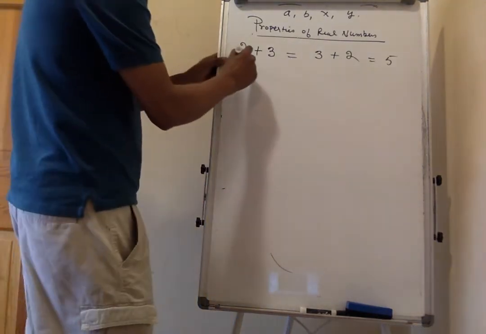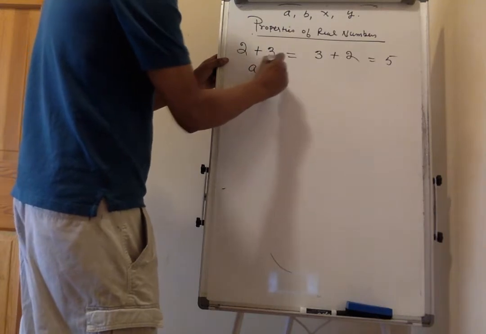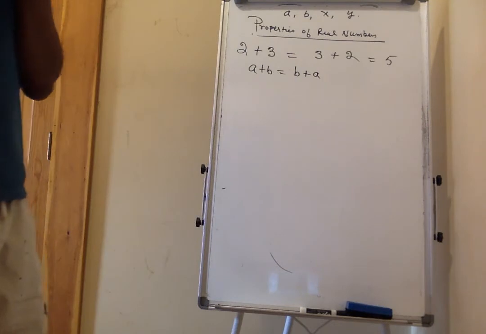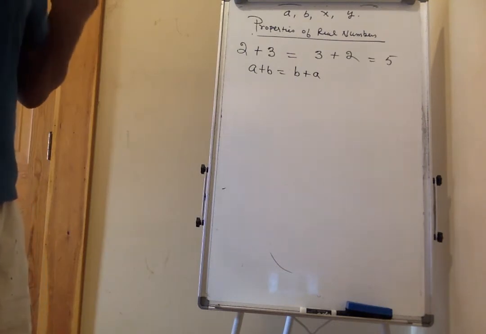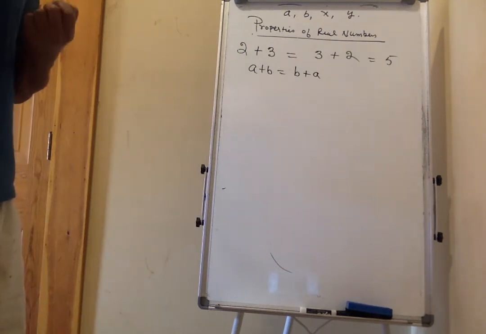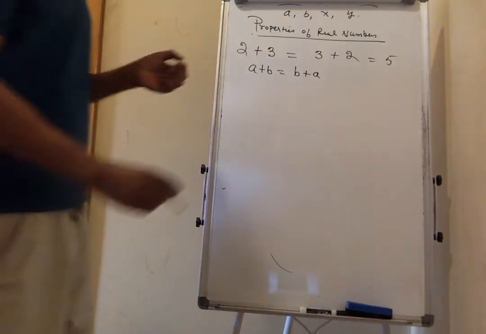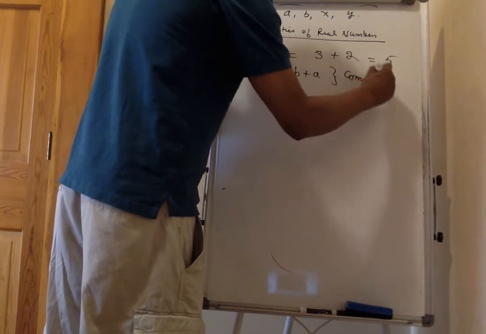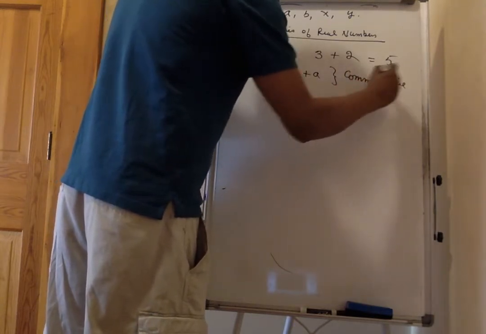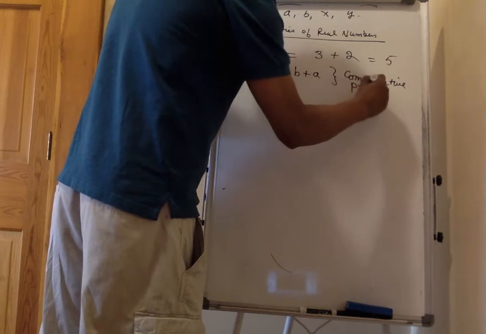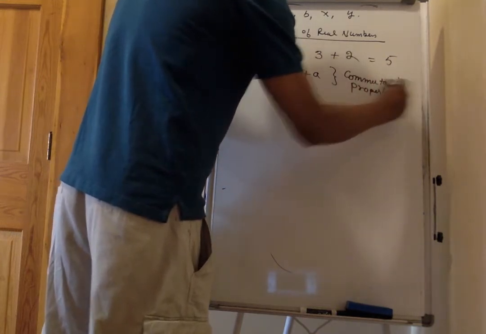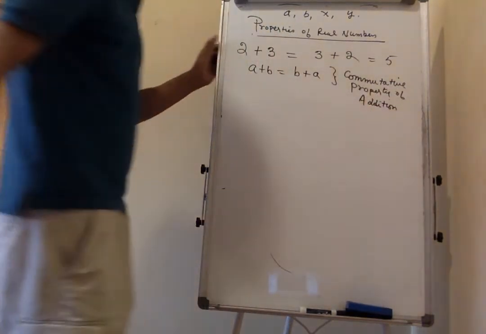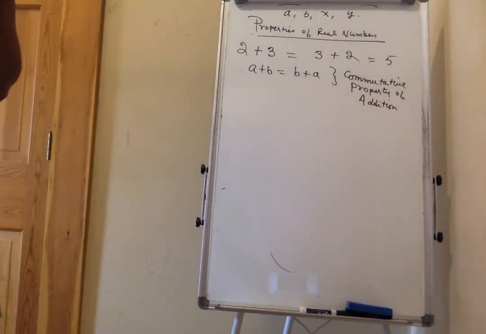In other words, A plus B is the same as saying B plus A. Then we can actually define this as a property. So addition has some property, meaning what? It is commutative property. The property of addition. Commutative property of addition.